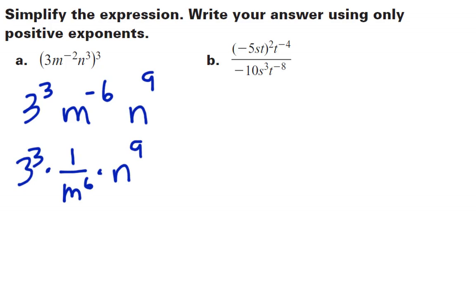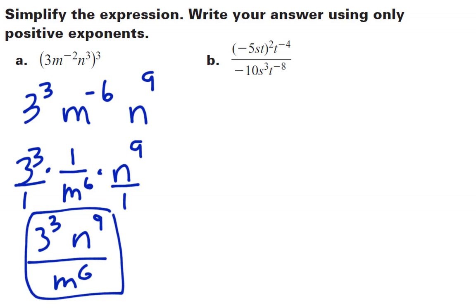And to simplify all of this, well, that's really in the numerator, and so is that, but this m to the sixth here is actually in the denominator. So combining all numerators, I've got 3 cubed times n to the ninth all over, well, 1 times m to the sixth times 1 is just m to the sixth. Here is my answer written with positive exponents only.